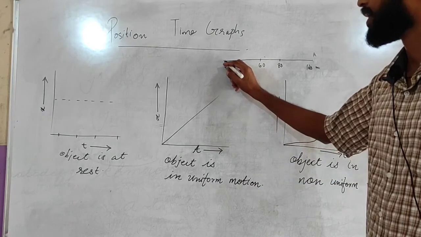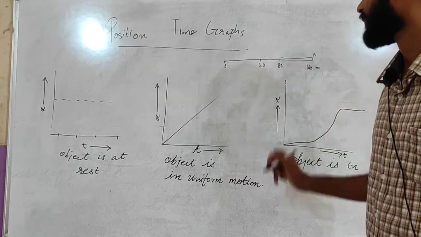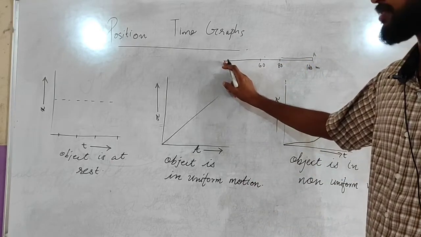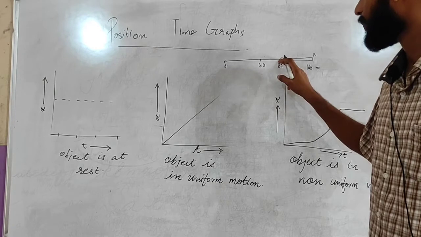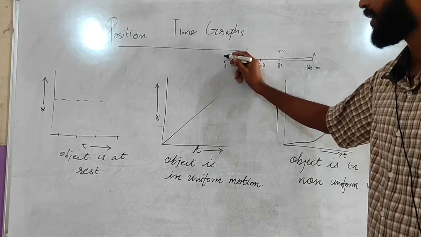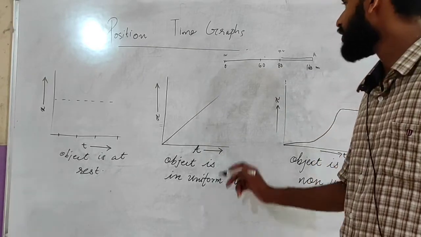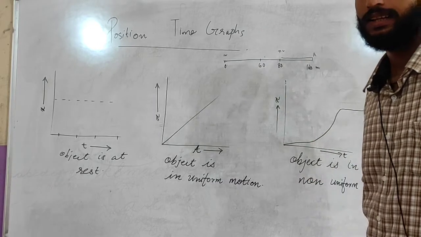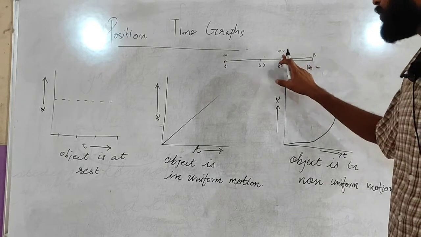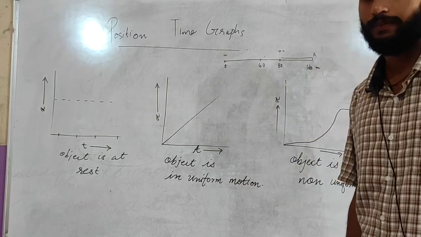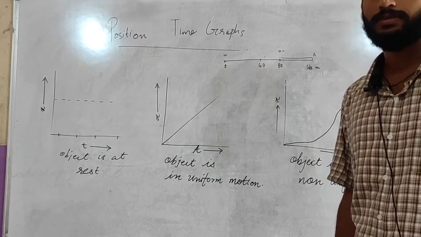Now the body is starting its motion from 0 to 120 and again it is returning back to 80. So here the initial position is at 0 and the final position is at 80. So x2 minus x1, that is 80 minus 0, then the displacement will be equal to 80 meters, but at that time the path length travelled will be equal to 160.